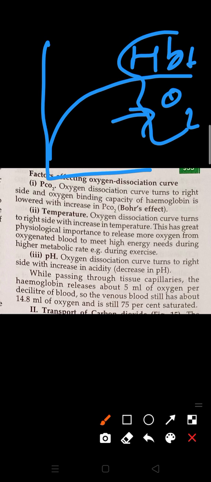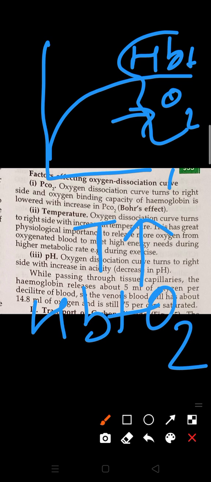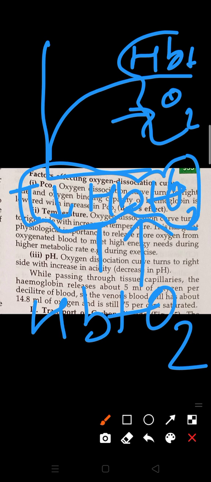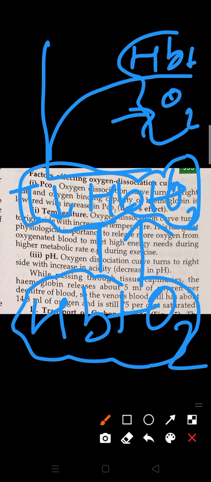Temperature increasing means hemoglobin will detach from oxygen. If temperature is low, hemoglobin will attach with oxygen. So for oxygenated blood to form, temperature must be low, and for deoxygenated blood, temperature must be high. So temperature is very important.